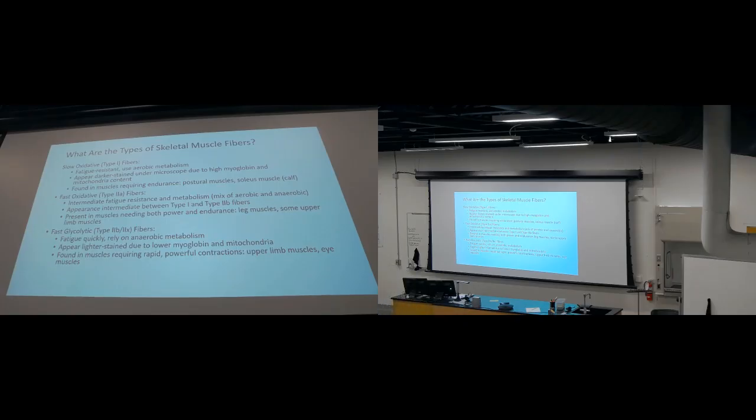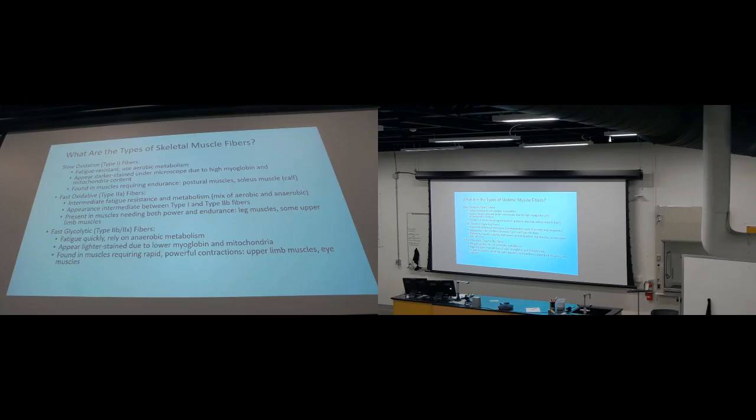These fibers, if you look at them under the microscope, look darker because they have high myoglobin, which is this protein that helps with the metabolism of muscle. And then you have a lot of mitochondria.